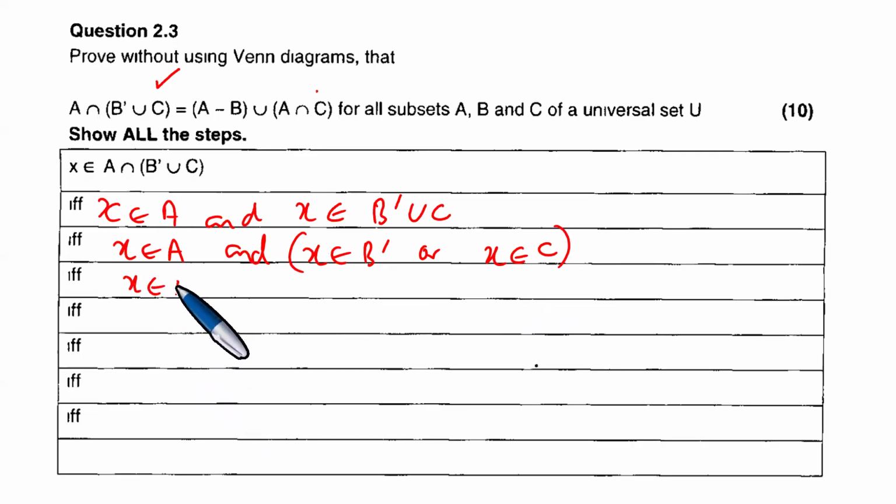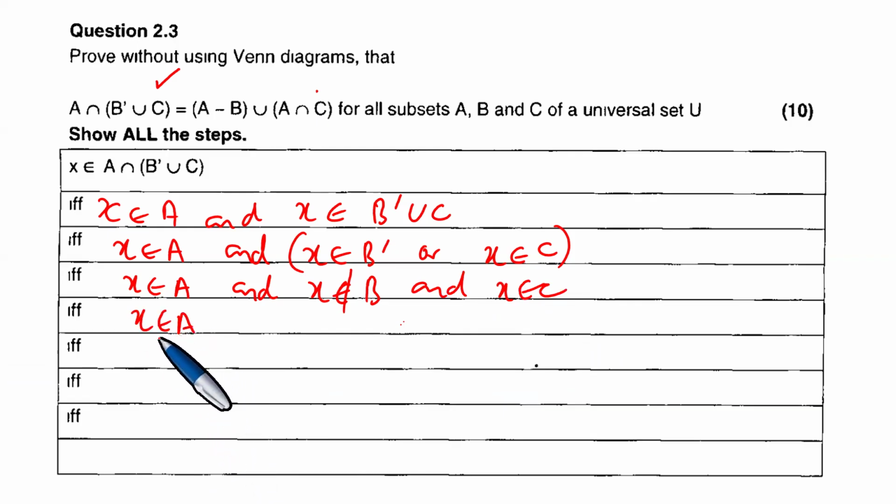And this would mean X is an element of A, X is not in B, and you have X in C, X in A.